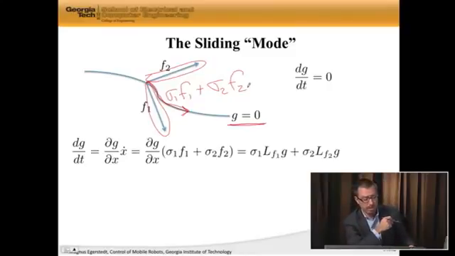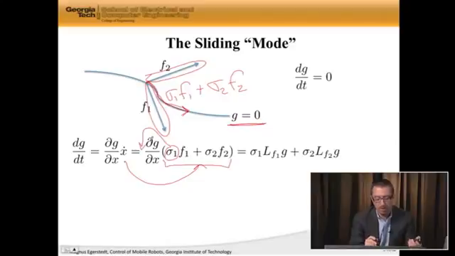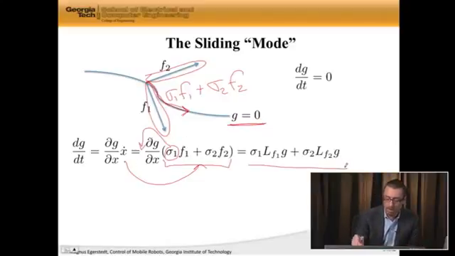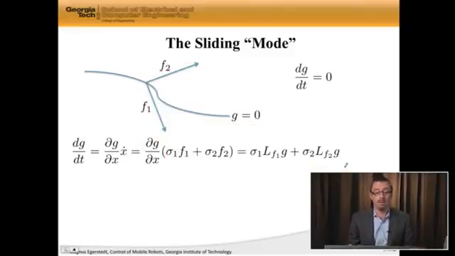So if I do that, I get, instead of x dot, sigma 1 F1 plus sigma 2 F2. Well, since these are scalars, I can actually pull them out, which means that I can write this expression that's a little bit messy looking, like sigma 1 times the Lie derivative of g along F1 plus sigma 2 times the Lie derivative of g along F2.